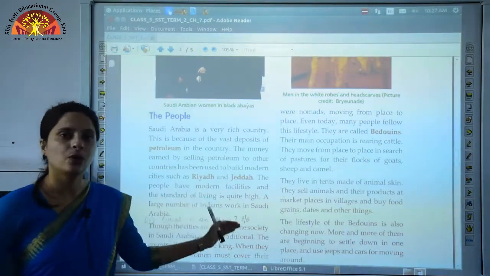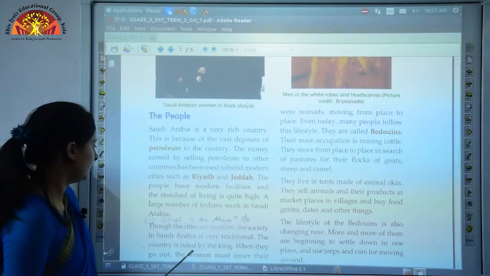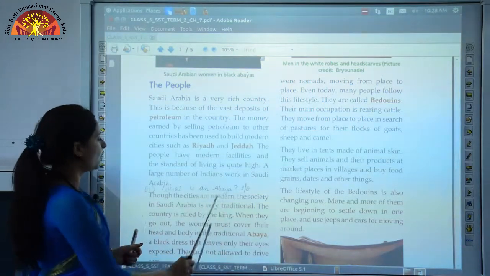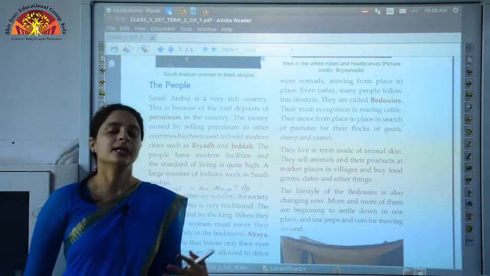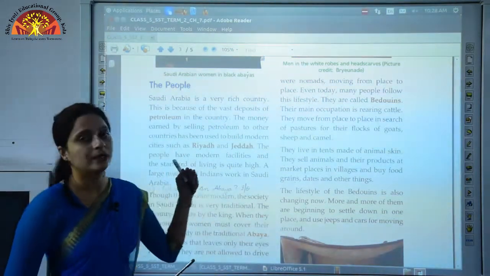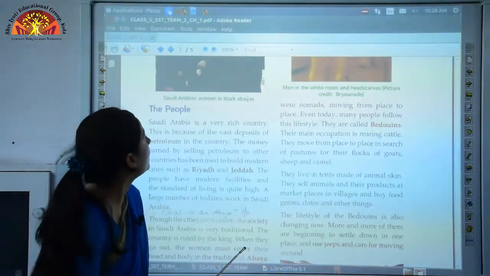Okay, and the people over here have very high standards of living. But though the cities are modern, the society follows some traditions, some customs they follow, like whenever the women step out from the house, they have to wear abaya.